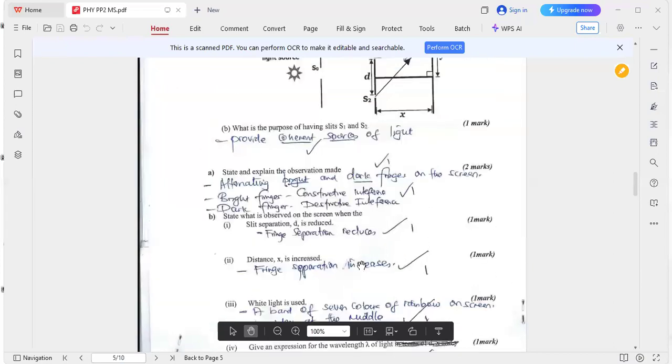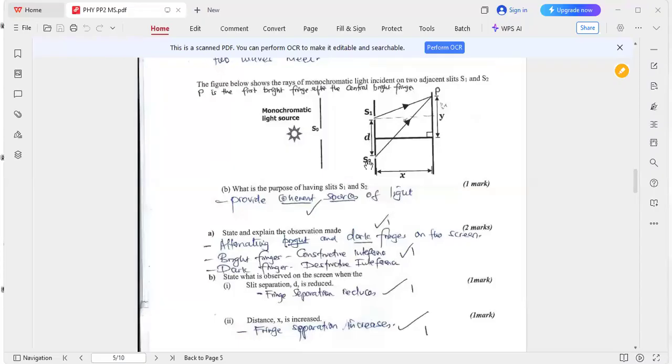But you need to understand the distance from S2 to P. Remember, P is the first bright fringe after the middle fringe. So from the central bright fringe to the first bright fringe, distance from S2 to P minus distance from S1 to P gives us lambda.